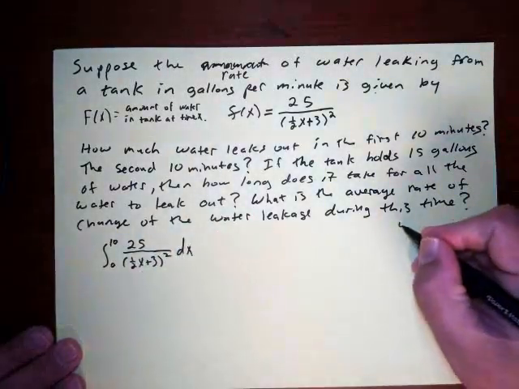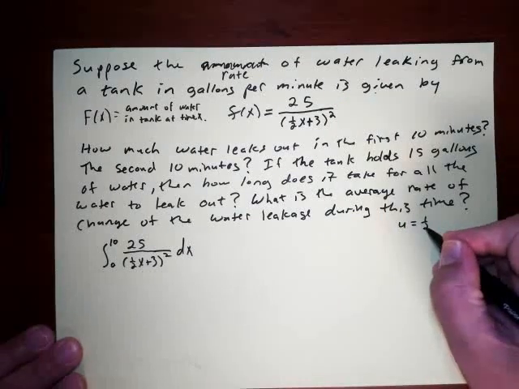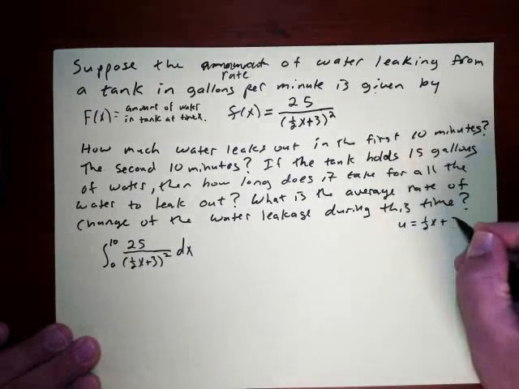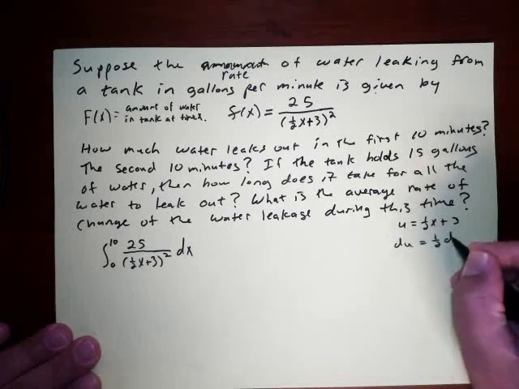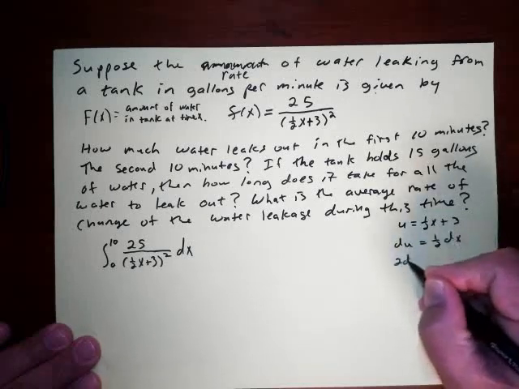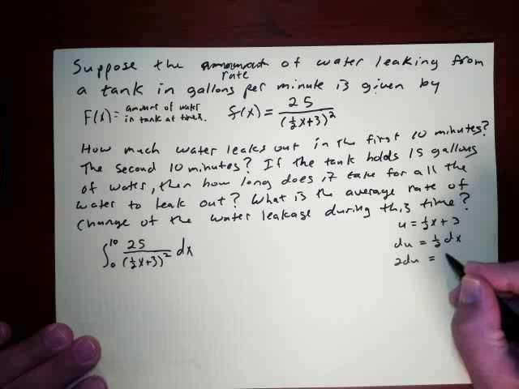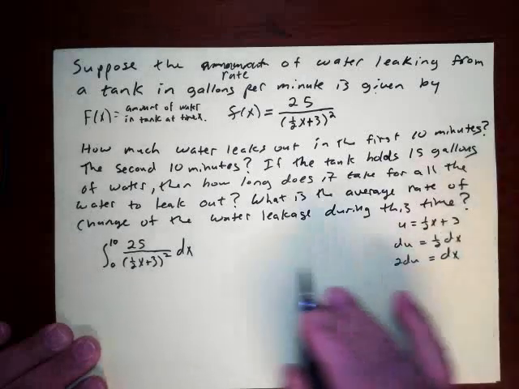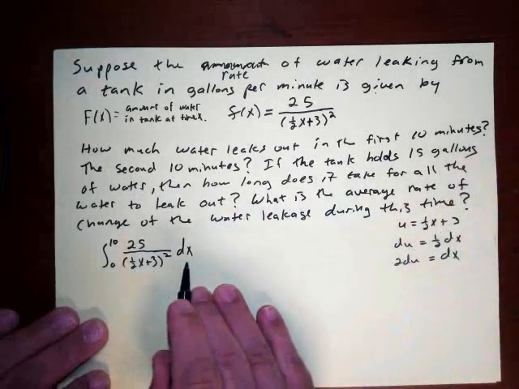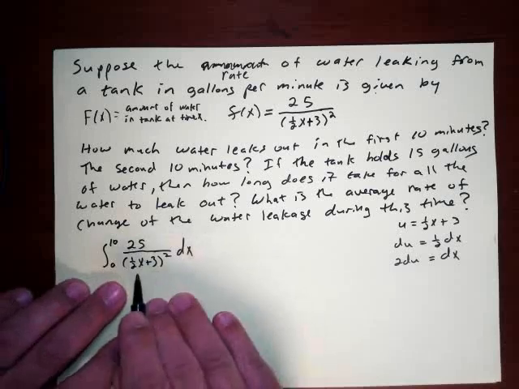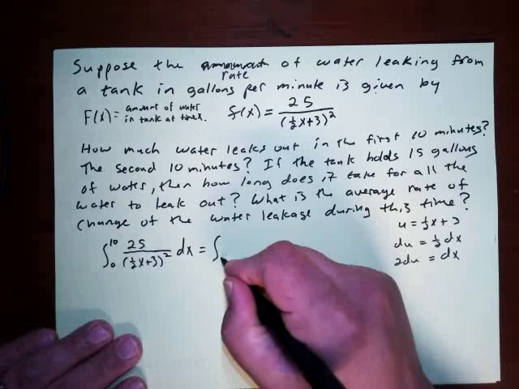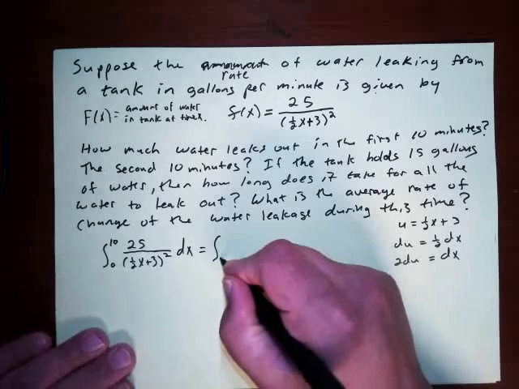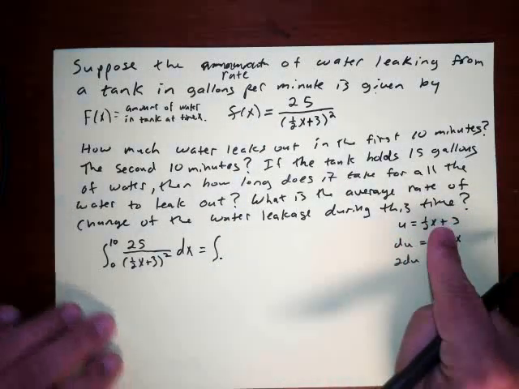So I would let my u equal 1/2 x plus 3, so my du would be 1/2 dx, so 2 du is equal to dx. Okay, so it's a fairly simple substitution. I can put u in now, and I need to update the limits.